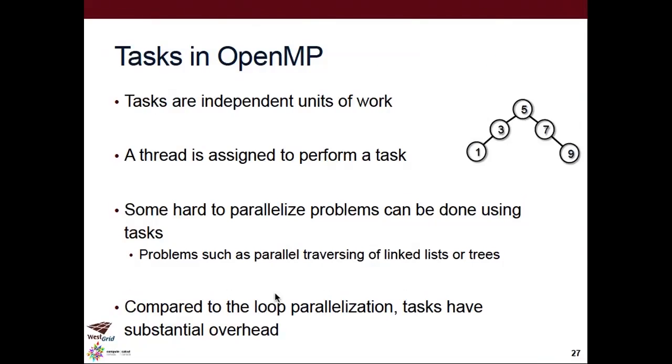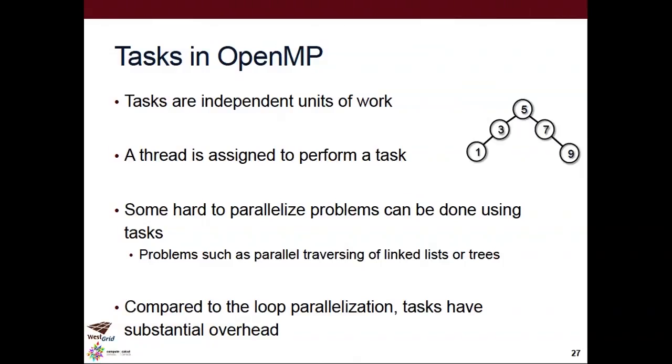Tasks are good, as I said, for hard-to-parallelize problems. One example is traversing a linked list or tree. If you are not familiar with binary trees or linked lists, that's no problem. I have a small picture here in the corner showing a binary search tree, which normally happens if you have lots of data and you want fast searching.